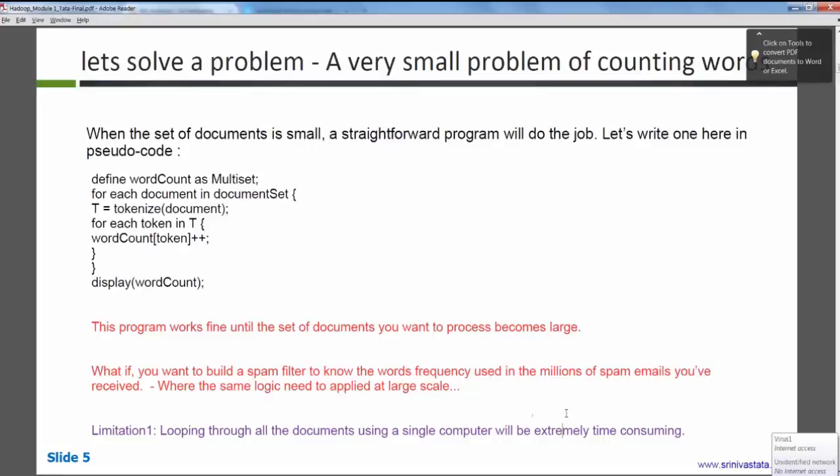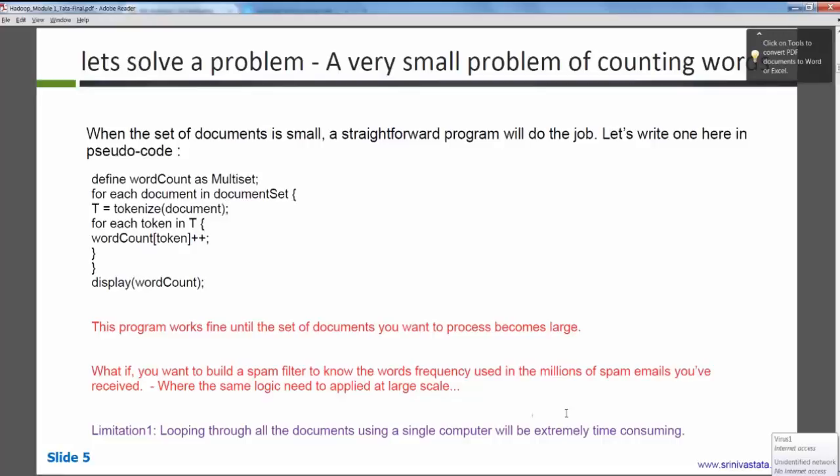So what will you do to overcome this limitation? Tell me in your words what you will do with your knowledge. I can build in parallel, like I can have 10 computers at the same time, and I will provide the first 10 documents to one computer, the other 10 documents to the other computer, so that they can process in parallel. Okay.